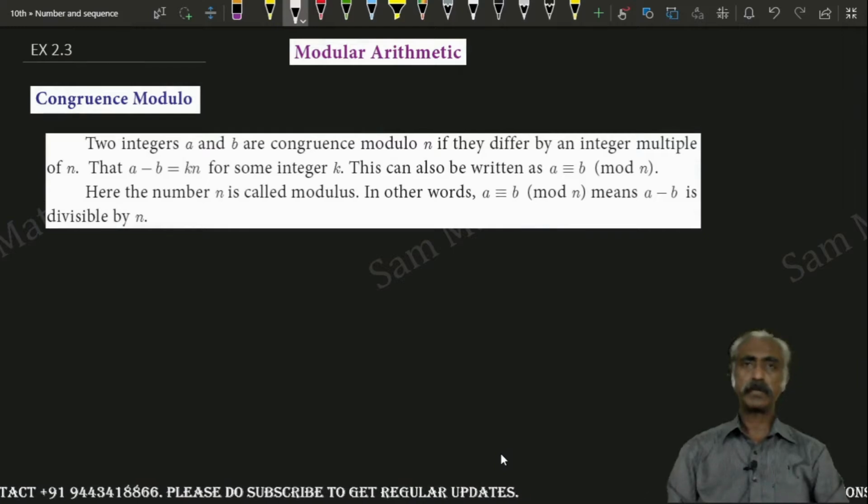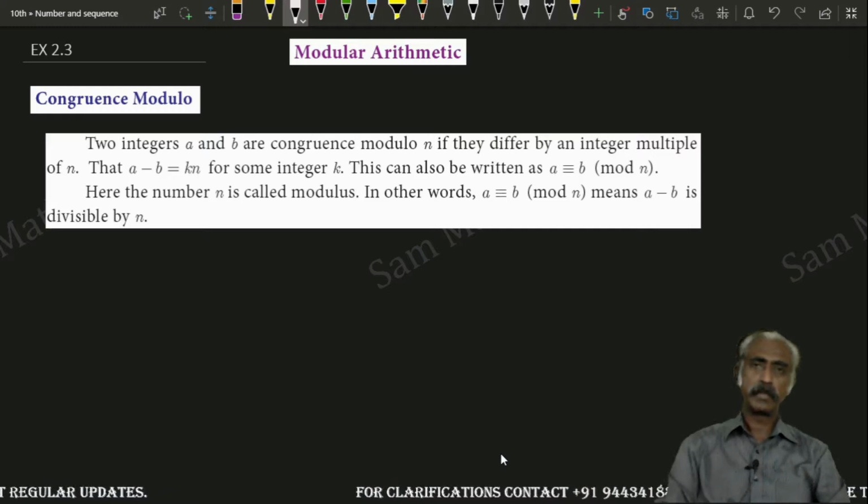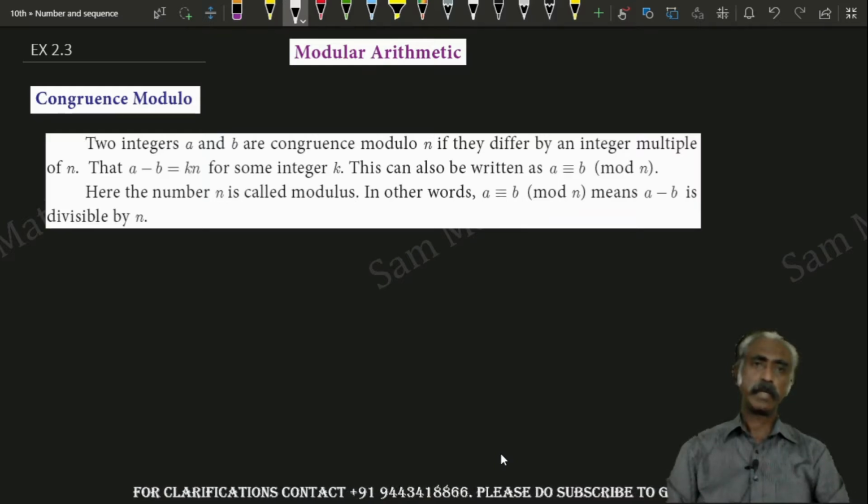Students, in this video we are going to discuss modular arithmetic. Congruence modulo: two integers a and b are congruent modulo n if they differ by an integer multiple of n. That is, a minus b is equal to kn for some integer k.